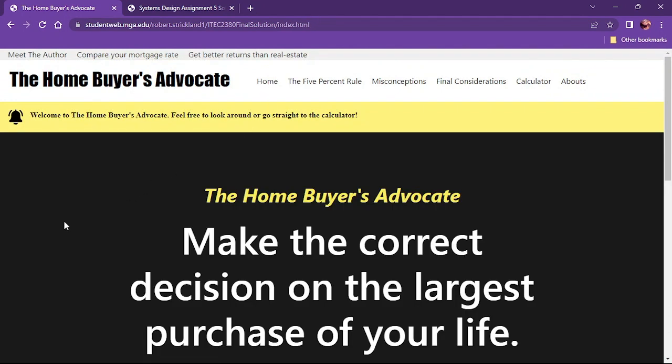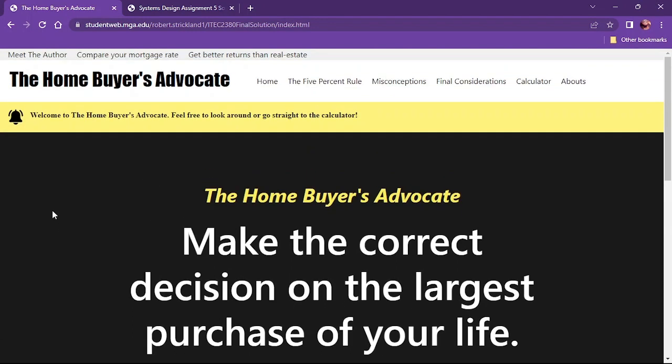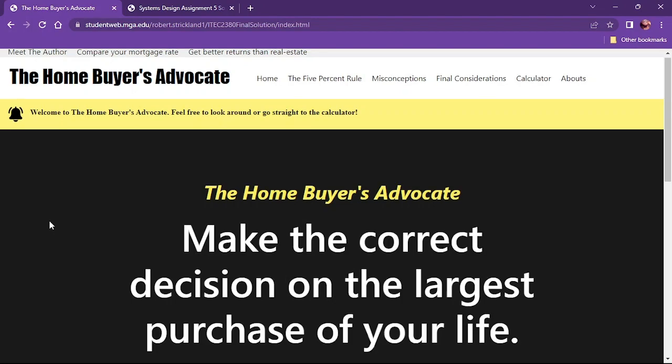So you guys just saw the about page, but this right here is the home page. When I was going over the design elements of it, I chose the white, black, yellow color scheme, and I just copied the color scheme of Binance and BlackRock.